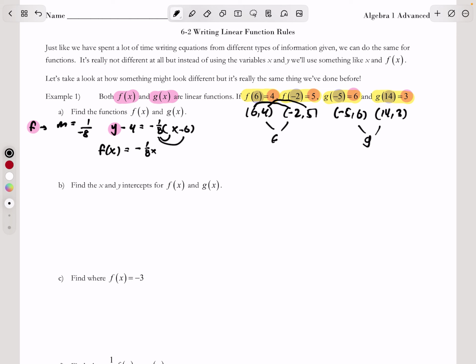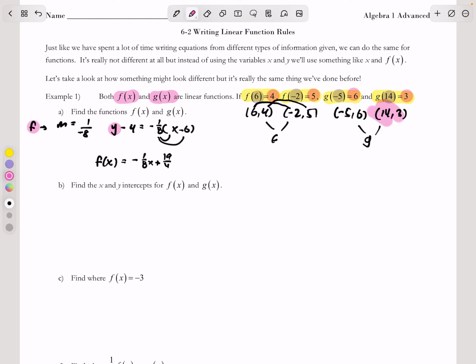I'm sorry, positive 6/8, positive 3/4, plus the 4 that I said I was going to add over. And that is 19/4. I could do a better job of writing that. Plus 19/4.